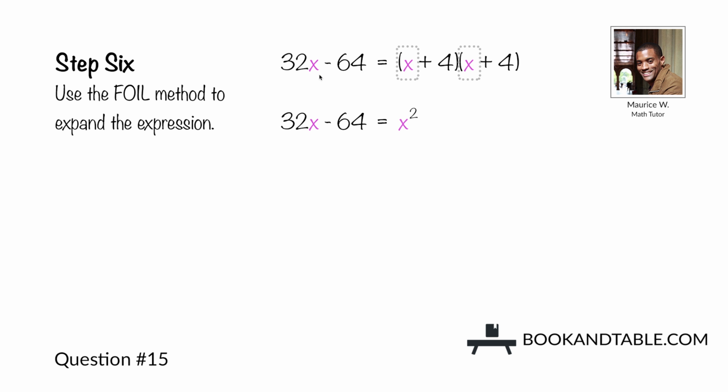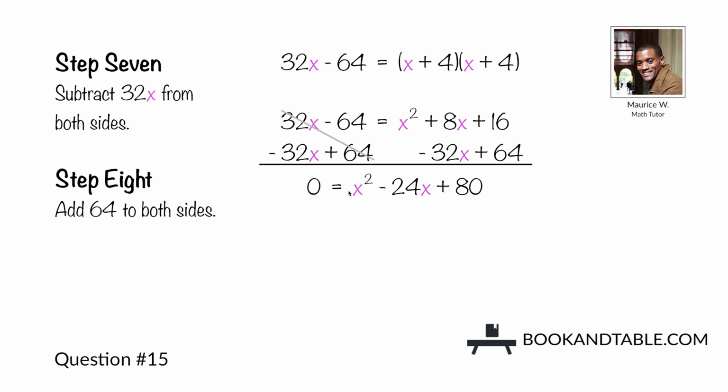So we have 32x minus 64 is equal to x times x, which is x squared, x times 4, which is 4x, 4 times x, which is 4x, 4x plus 4x equals 8x, and 4 times 4 equals 16. So now that our radicals are removed, we want to move these two terms to this side, so we get 0 on one side of our equation.